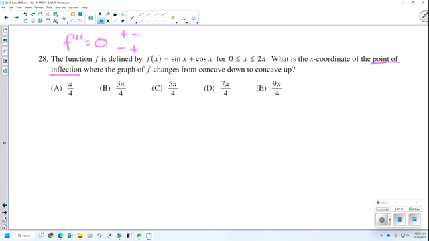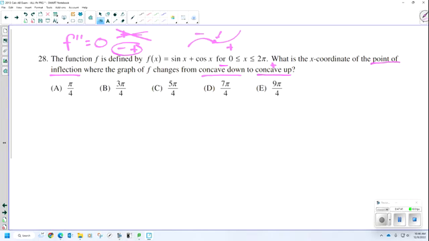This is telling me I want the point of inflection where the graph changes from concave down to concave up. That's a negative second derivative to a positive. So I want it to be this, not this. I'm going to go from kind of like a sad face to a happy face. Right here at that point of inflection, the second derivative equals 0, and it goes from negative to positive.